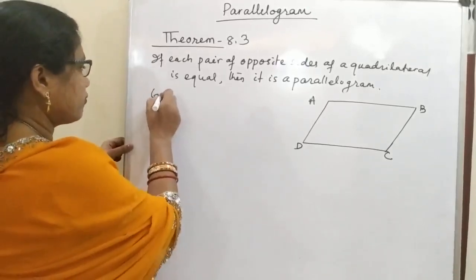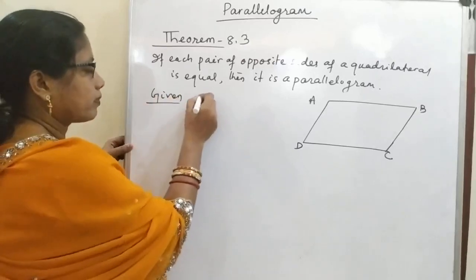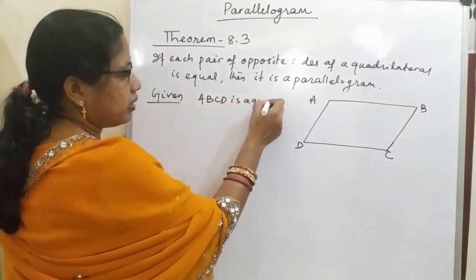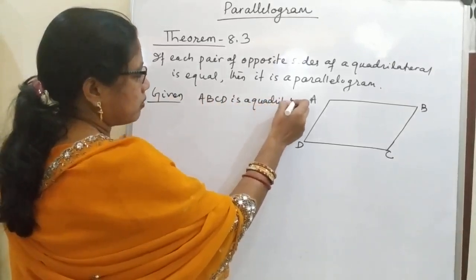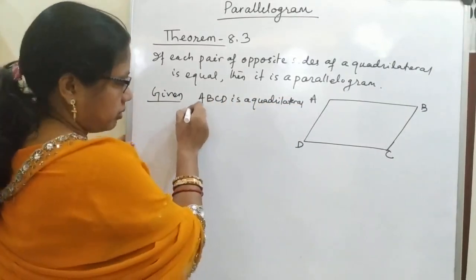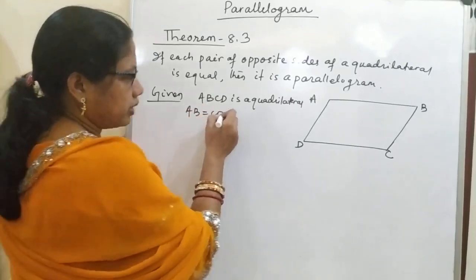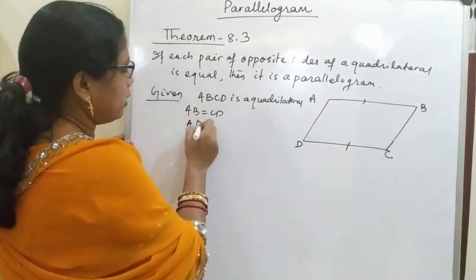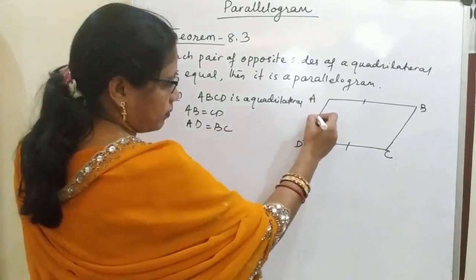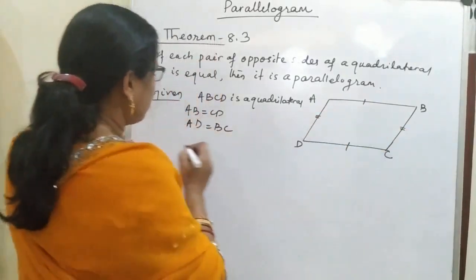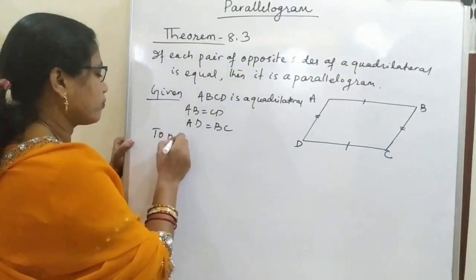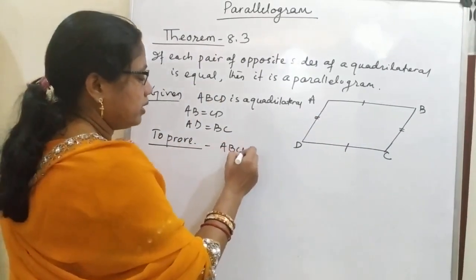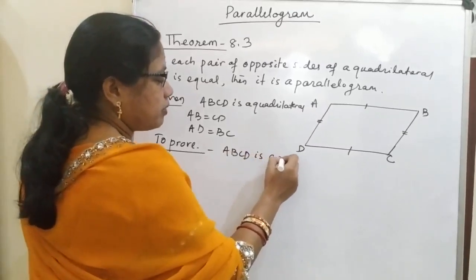So given: ABCD is a quadrilateral and AB is equal to CD and AD is equal to BC. These are given. To prove: ABCD is a parallelogram.